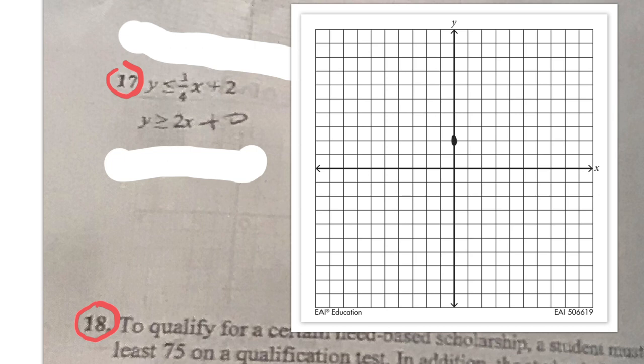We could write that right here. And then the slope is 1/4, so that means we go up 1 over 4, right? Up 1 over 4, down 1 to the left 4 over here, down 1 to the left 4 over here, and therefore drawing a nice solid line between these would be that.